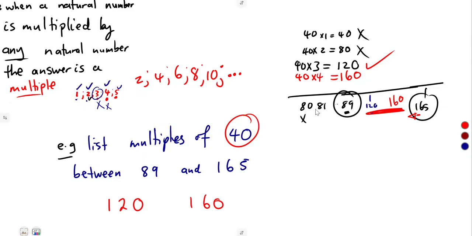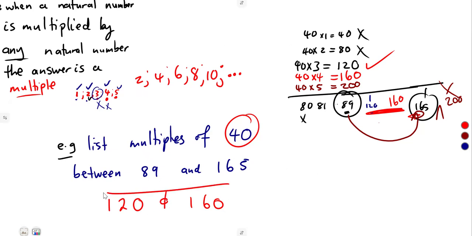All right. If we move on to 5, 40 times 5 is going to give us 200. And 200 is outside of the interval. Remember, from 89 to 165, 200 is outside, so you cannot take that one. So the only multiples that you have here are 120 and 160.